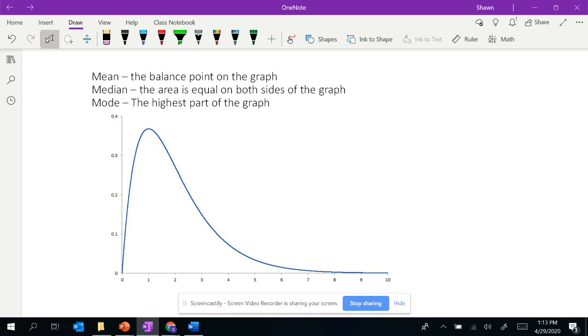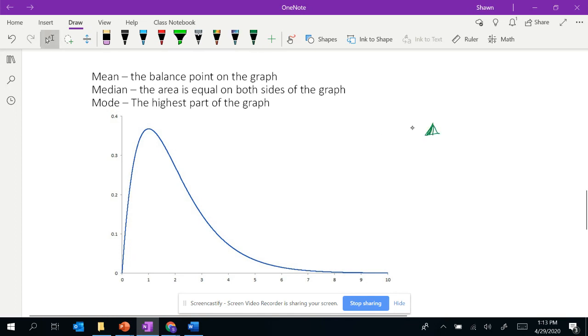So now we have to figure out the mean of this thing right here. Now it's a little bit hard, and I will never ask you to calculate where the mean is, but I want you to have a rough idea of where it would be. So the idea is that imagine you had a teeter-totter.